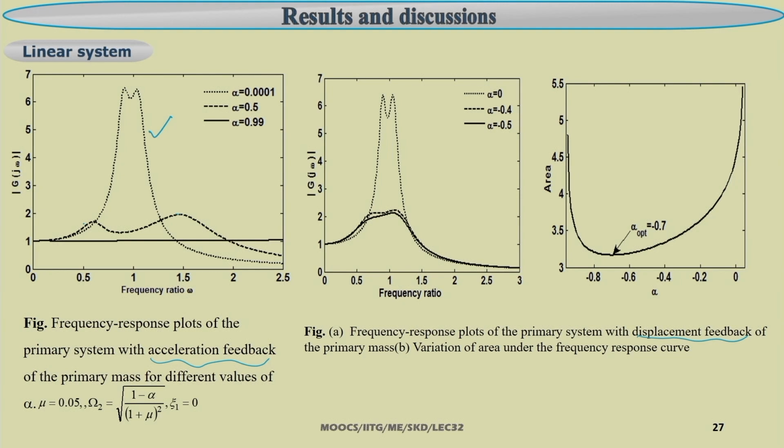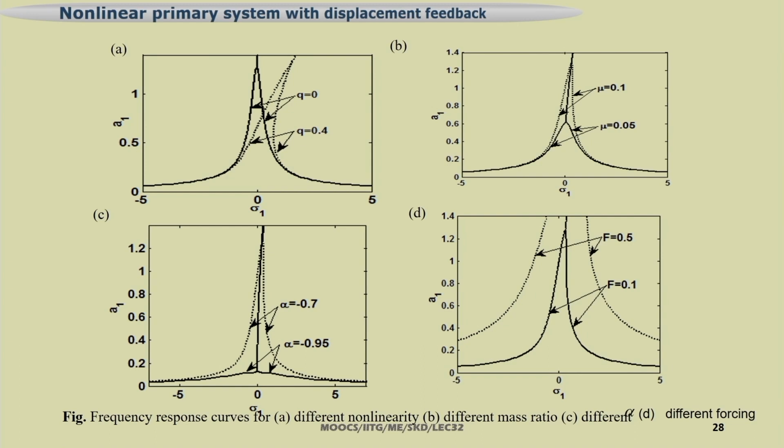In that case you can see, by applying this control gain, it is reducing the response amplitude, but the reduction is not so high as compared to that in acceleration feedback. So, acceleration feedback is giving a better result than the displacement feedback that you have observed here. That is in the case of the linear system.